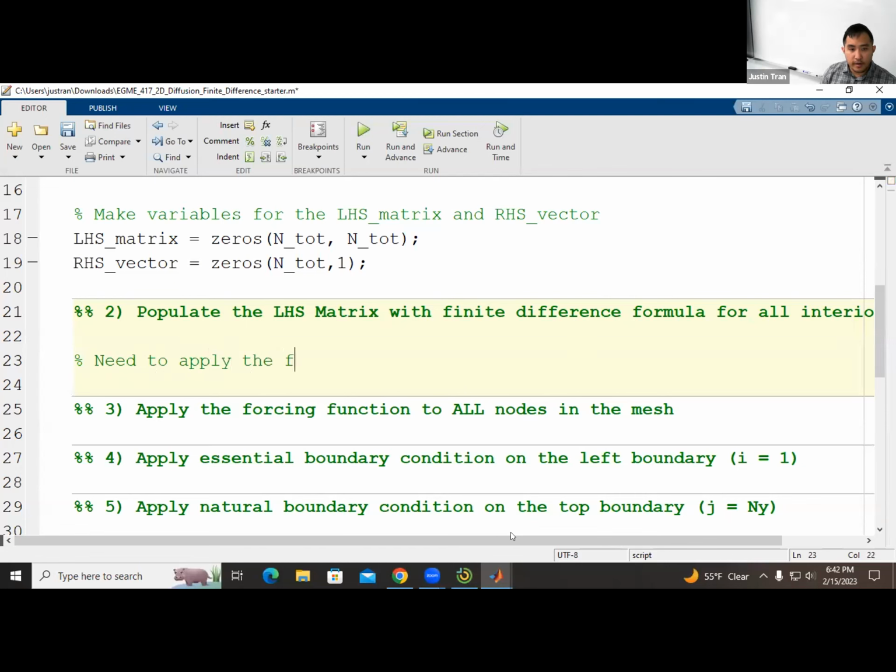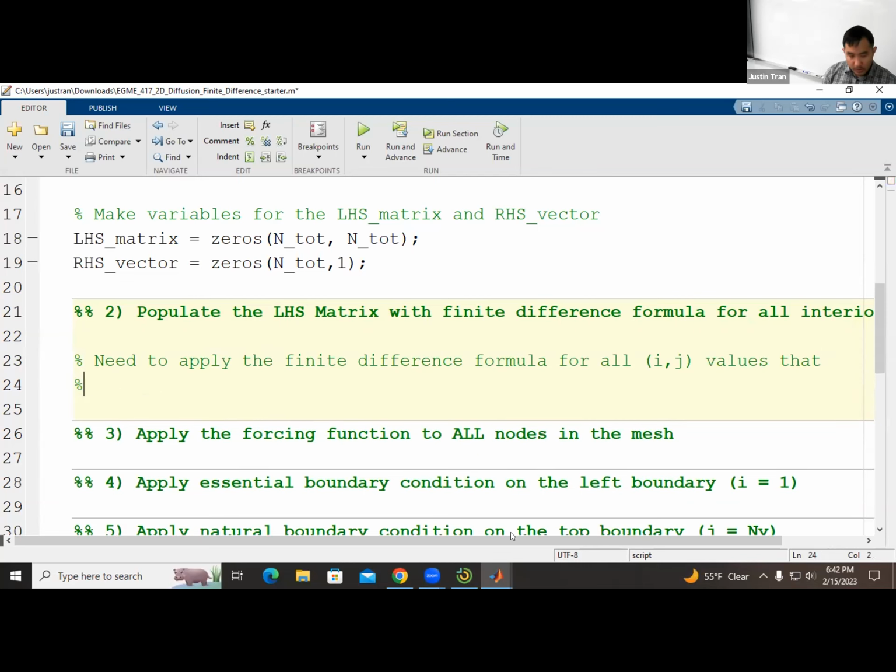We need to apply the finite difference formula for all ij values that are not on the boundary. So we're going to be looping over all of the i and j values. To make sure that we hit all of them, we're going to use a nested for loop.